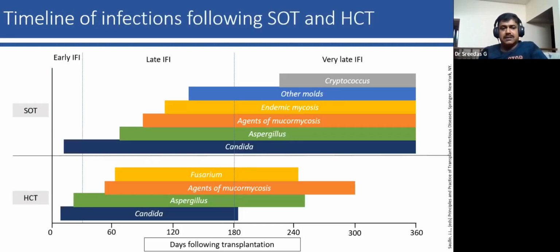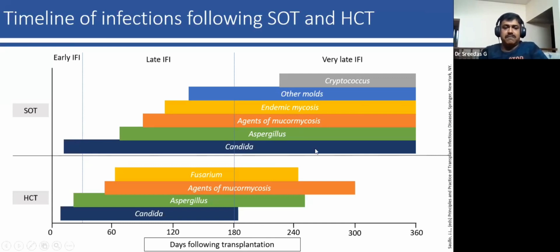Now, this is the fungus perspective of the timeline of infection after transplantation. We can see that the fungus can affect a recipient at any stage. In the early period, the first month, it is most commonly candida.